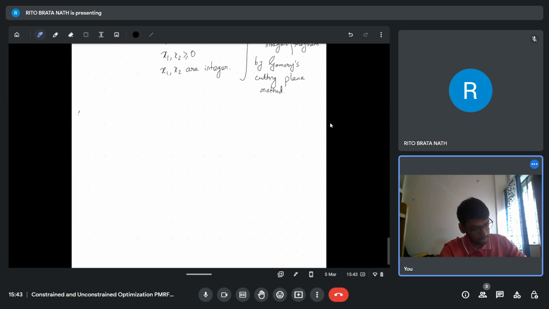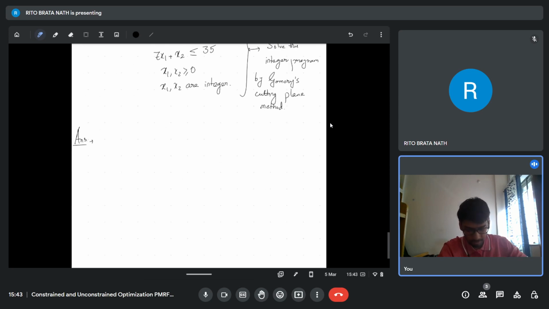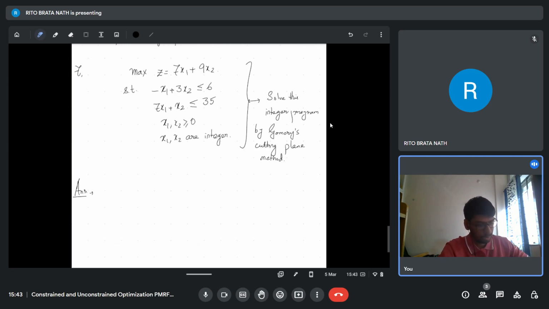Okay, so let's do this. Here, first you're given this problem. But the first step will be you ignore that these are integer variables and you solve an LP. And after you solve that LP, you'll try to add a cut so that the solution gets violated, right? That's the procedure, and then you try to move as close as possible to the convex hull of the feasible region.